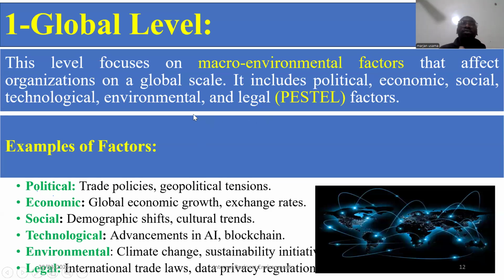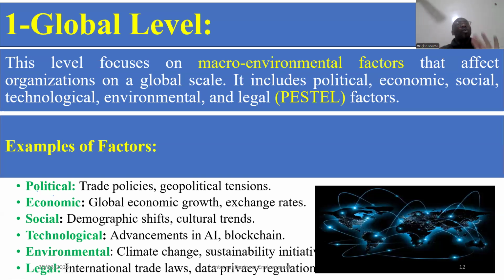But let us just go through them. Global: when you're talking about the global level, this level focuses on macro environmental factors that affect the organization on a global scale. So you have to know globally, politically, economically, socially, technologically, environmentally, and legally what is happening.